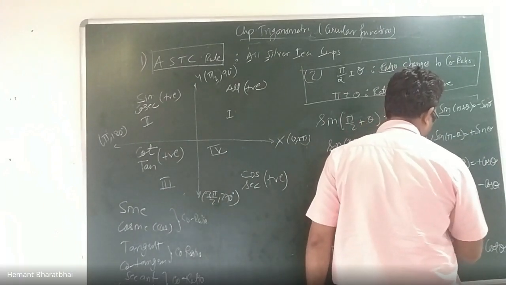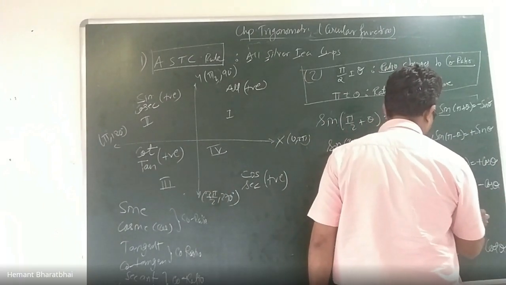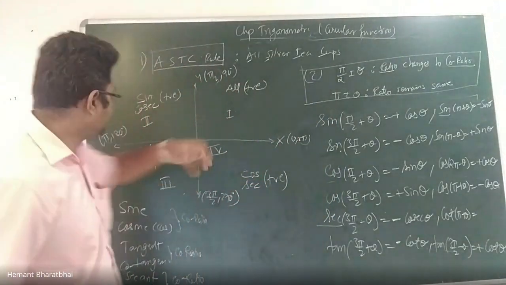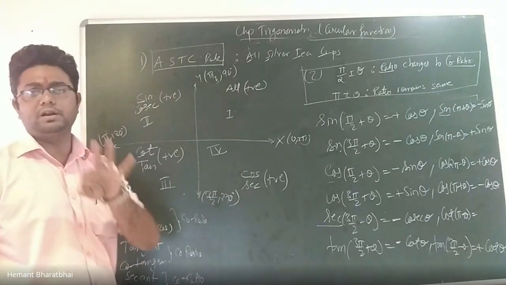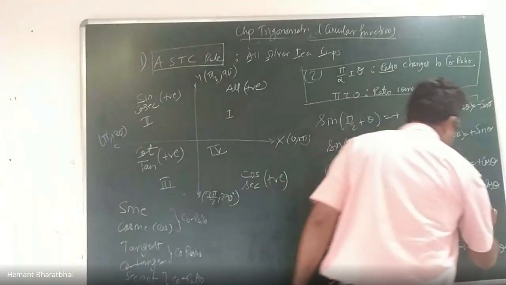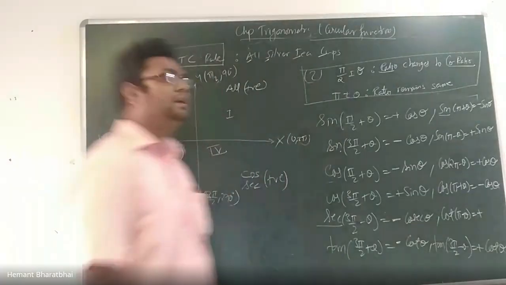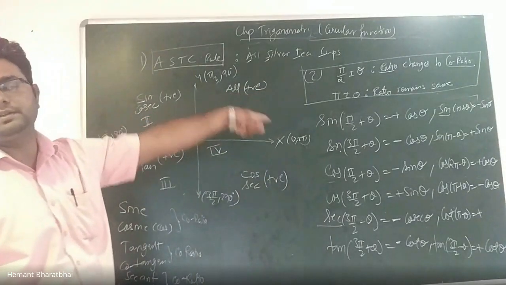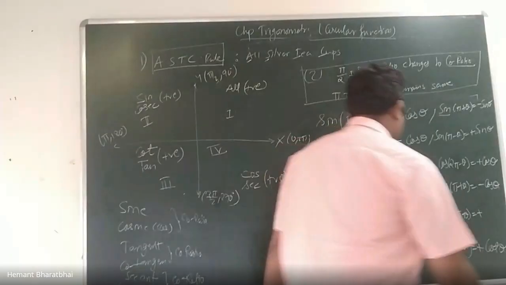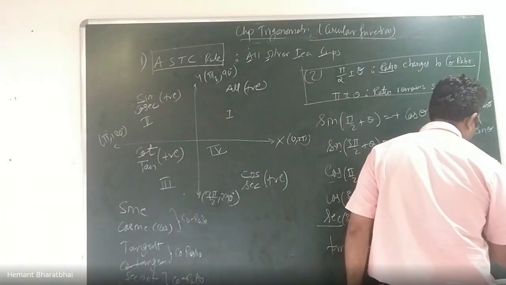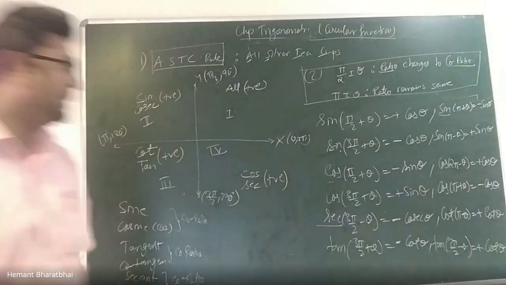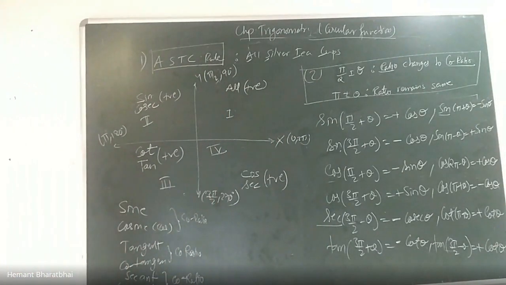Suppose I am writing cot of pi plus theta. So when I do pi plus theta, I will reach into the third quadrant. In third quadrant, cot and tan are positive. So first we'll give the positive sign over here. Now whenever it is pi plus minus theta, the ratio remains the same. So cot will remain cot only. So this will give me the answer as cot theta. So cot of pi plus theta is nothing but cot theta.